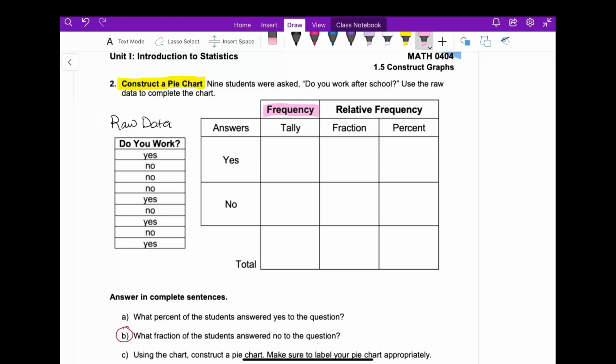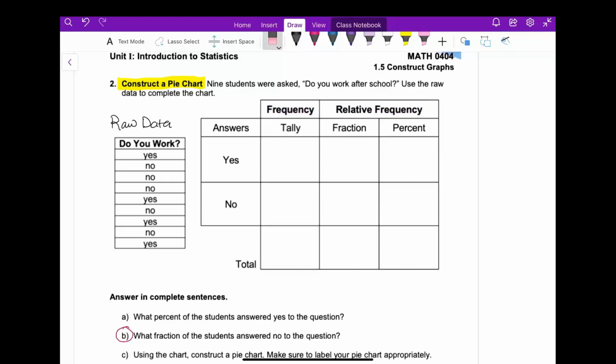Frequency is a fancy word for how often. And I need you to know this because it's used frequently. Now, relative frequency, if you notice, it's using a similar word. So you're thinking, okay, how often? But what does this part mean here? Relative frequency. The relative part tells you it's going to be in a percent. So this is a two-step process of creating the fraction and then the percent.